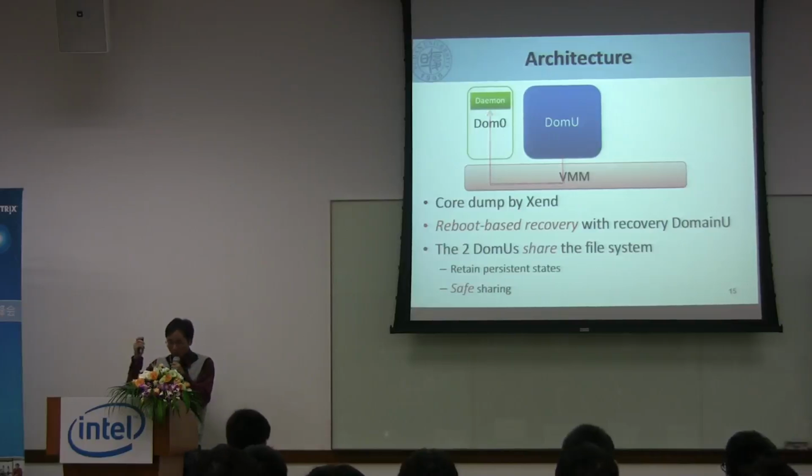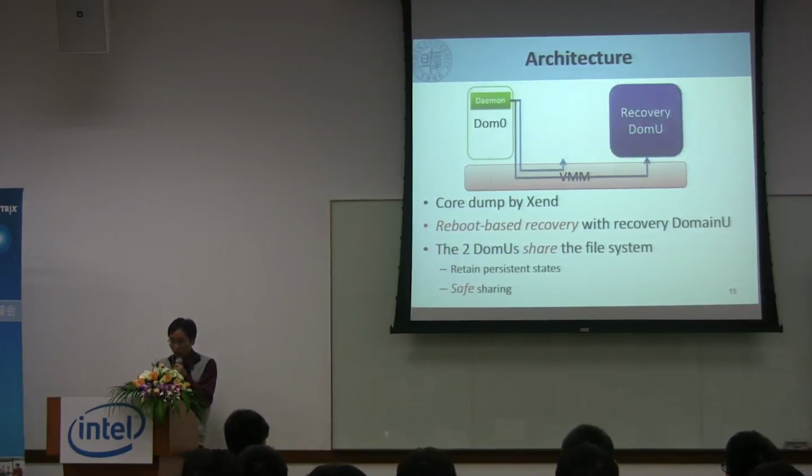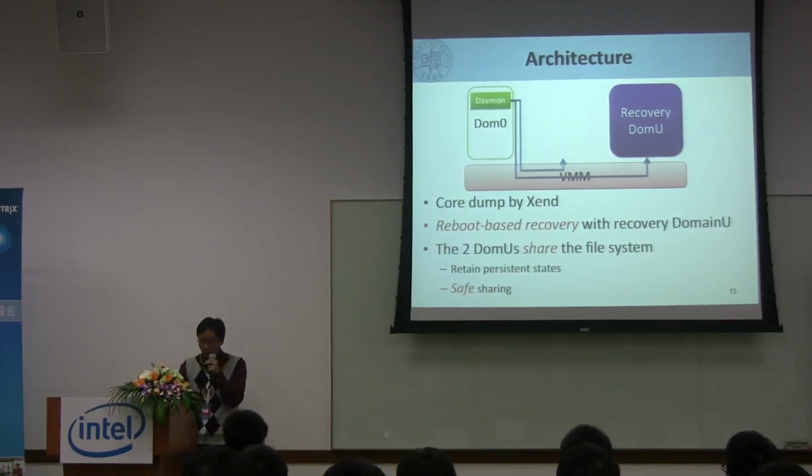Then we start another virtual machine named the recovery domain. These two domains share the same file system, so that the persistent state can be retained even after the crash.